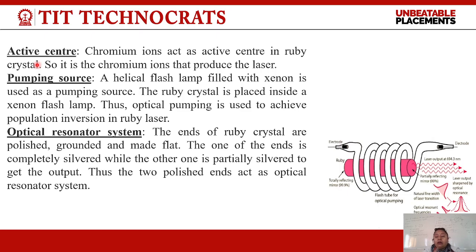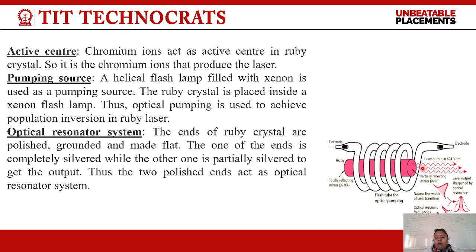Now, as we know, the next major component for the ruby laser is a pumping source. Some people use a krypton lamp; here we are using a xenon lamp. How do we use this xenon lamp in the ruby laser? We can hold the ruby crystal with the xenon lamp in a helical shape, meaning we tie the xenon lamp around the ruby laser rod in a helical shape, as you have seen in this diagram.